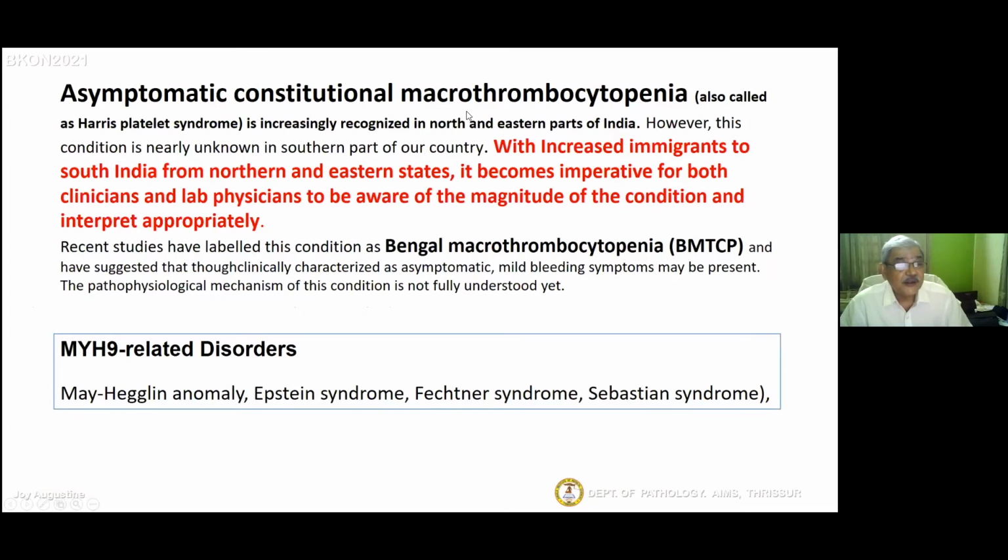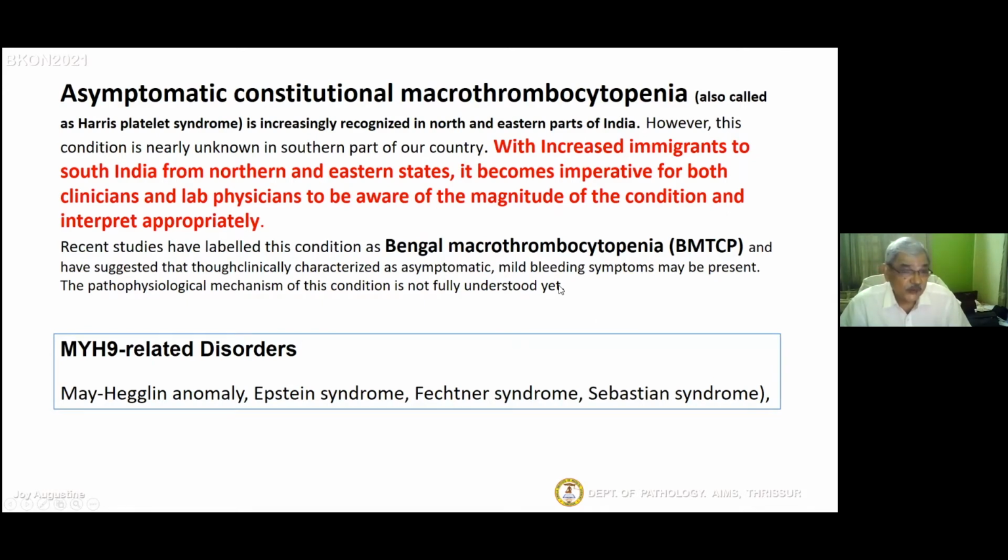Asymptomatic constitutional macrothrombocytopenia is also known as Harris platelet syndrome. And this is well documented in northeastern India, primarily in Bengal. Now, the problem is that we have a lot of migrants from Bengal, from north and from eastern India. And if we are not conscious of this, the condition will be recognized as pathological and the patients will be subjected to all types of investigations and management.